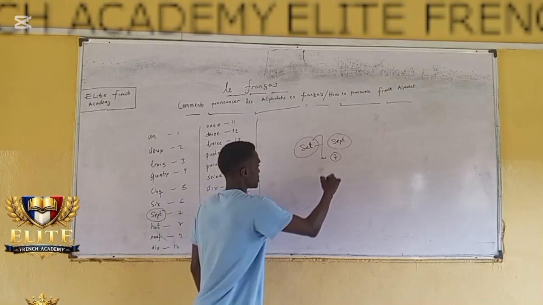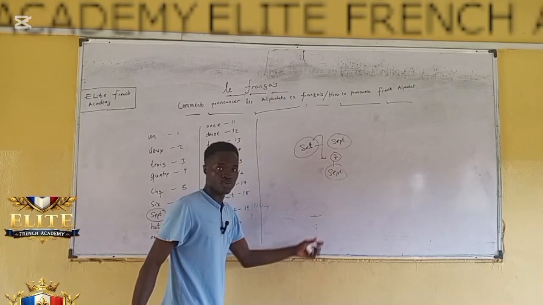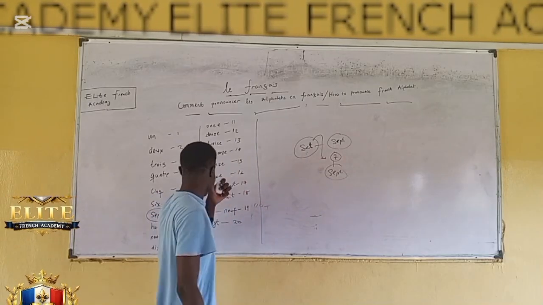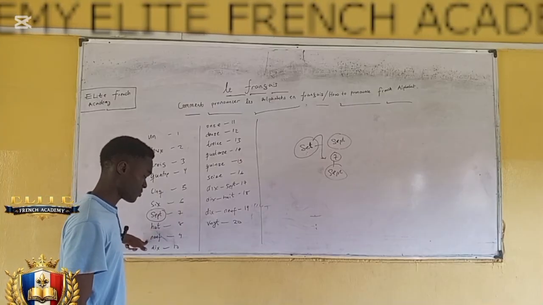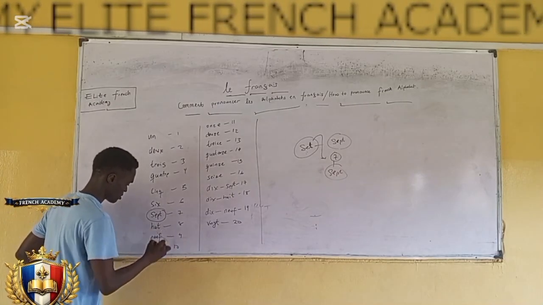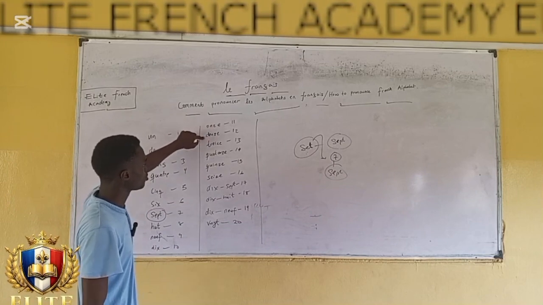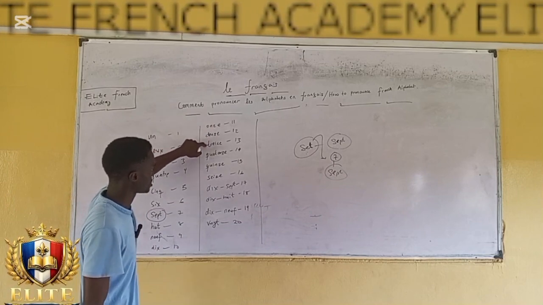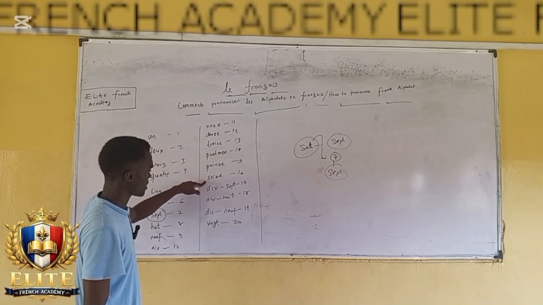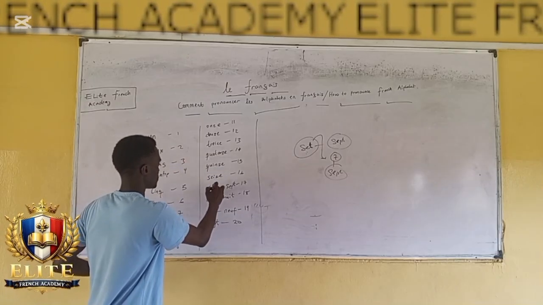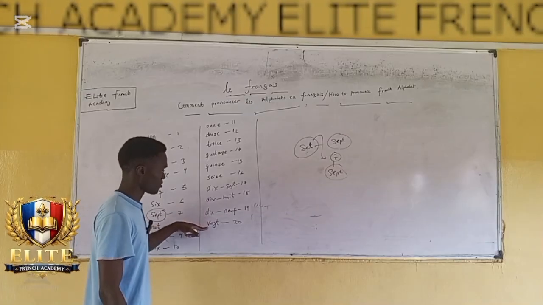But bear in mind that the spelling is S-P-T. It's just to facilitate your pronunciation. Do you understand? So with that being said, 8, 9, 10, 11, 12, 13, 14, 15, 16, 17, 18, 19, 20.